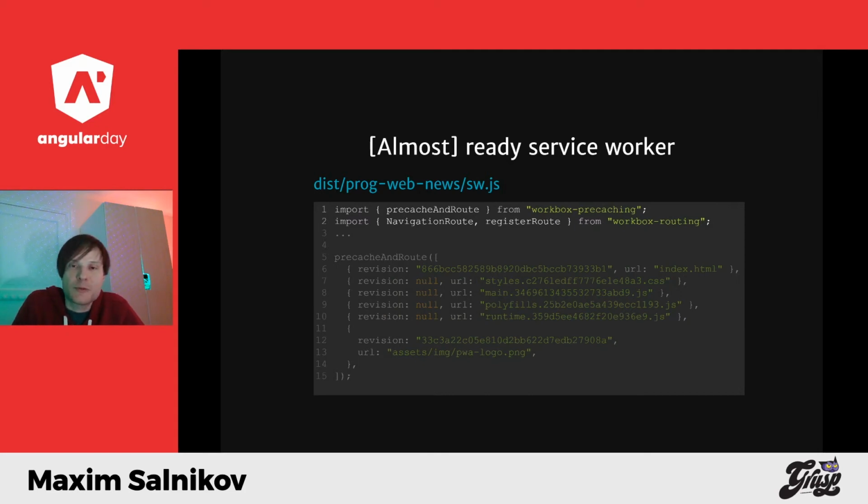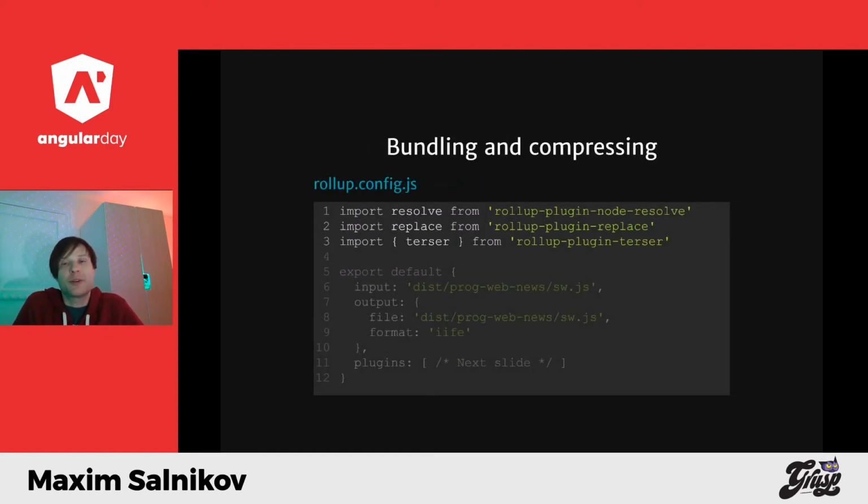Because service workers cannot use JavaScript modules nowadays. The corresponding proposal or bug is in the Chromium bug tracker, so sooner or later we'll get there, but now we have to bundle this. We can use our favorite bundler, for example, Rollup or Webpack or Parcel.